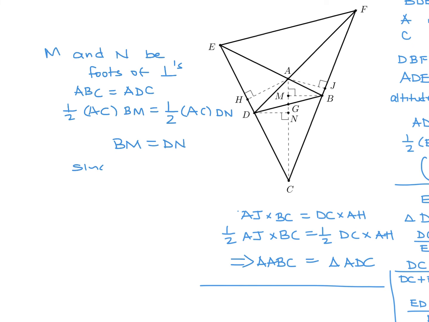And since we know that BM is parallel to DN, right? Because they're both hitting that at right angles, as you can see there and there, we can conclude that the triangles GBM and GDN, GBM is this small one, and GDN, the small one, are congruent.